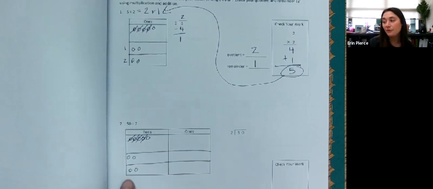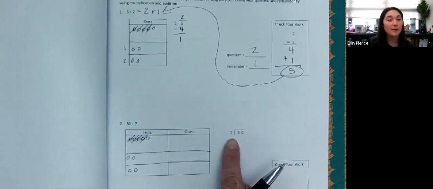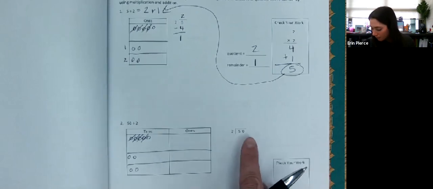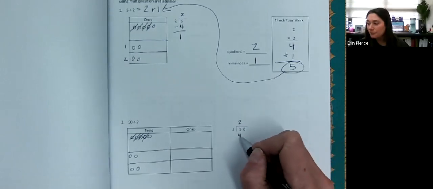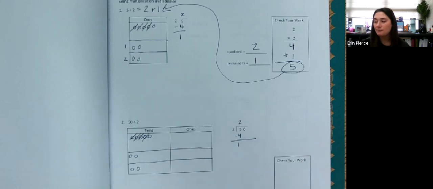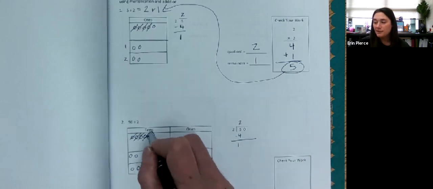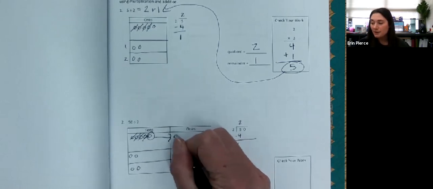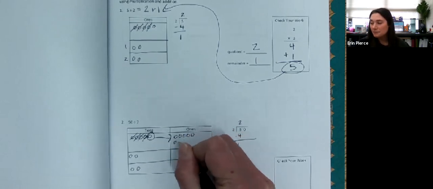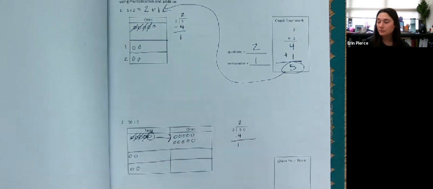So just like before, 5 divided by 2 is how much? Scotty? 2. Great. 2 times 2, 4. I subtract, I get 1. We have to move this ten over, that remainder. So we now have 10 ones.